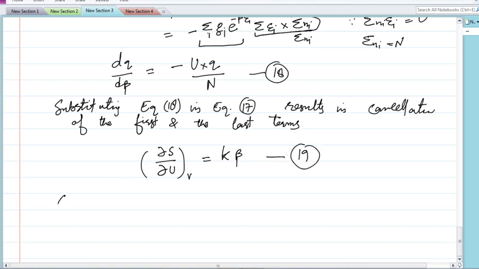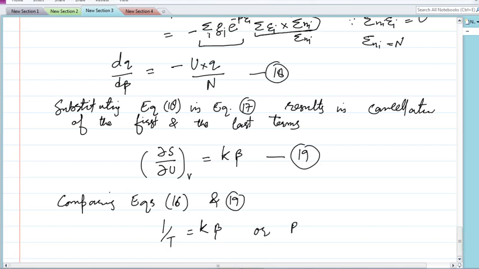If we compare equations 16 and 19, the dou s upon dou u part is the same, so we can simply write 1 by t will be equal to k beta, or we can write beta is equal to 1 upon kt.